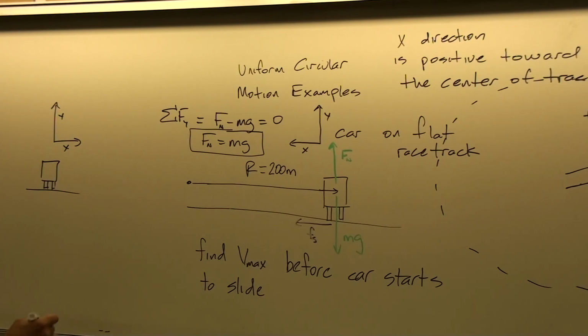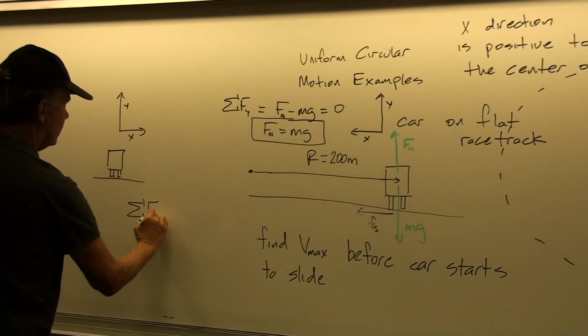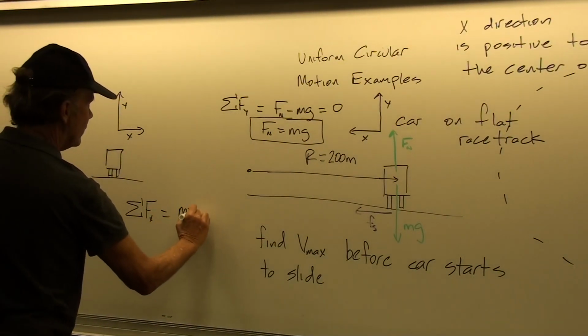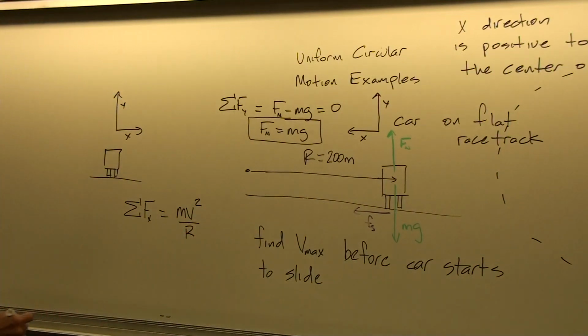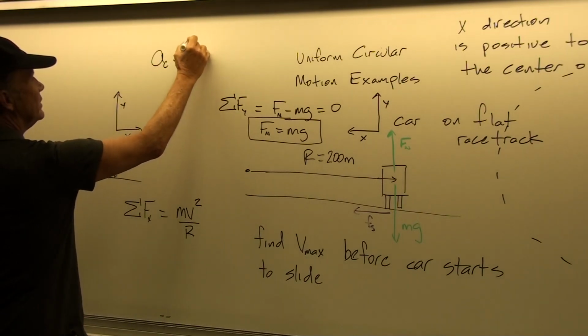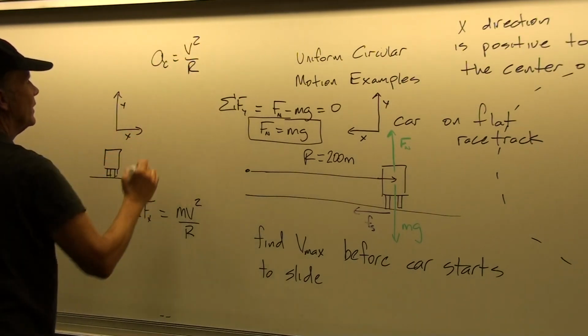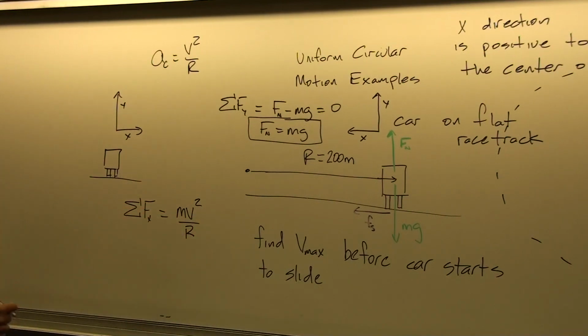But the sum of the x forces is kind of the critical one here. That's equal to our centripetal force, which is our mass times our centripetal acceleration. Remember, a_c is equal to v squared over r, so F is mass times centripetal acceleration, or mv squared over r.